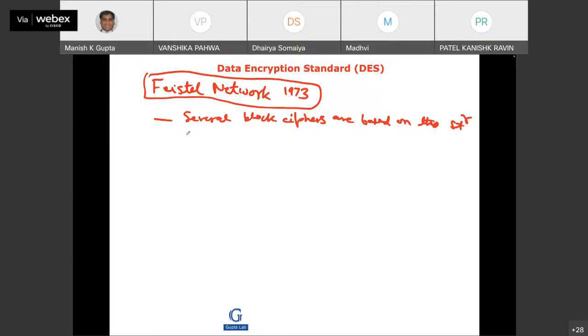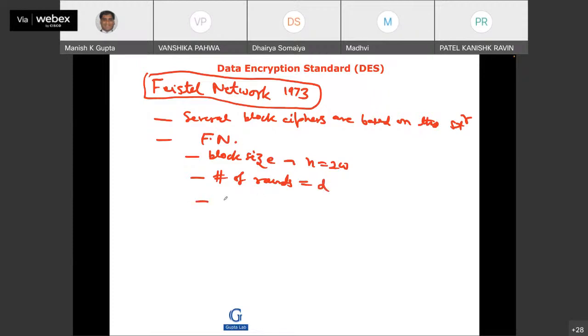So what is a Feistel network? In this Feistel network, the block size is n equal to 2w. Suppose the number of rounds is d.